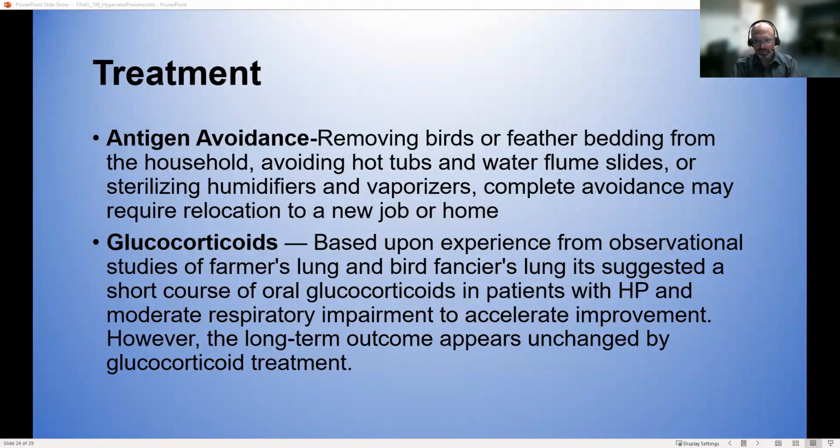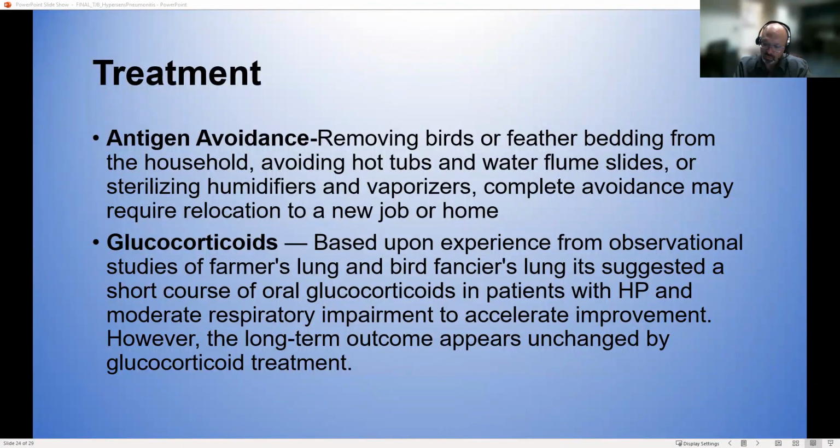Steroids. Based on experience from studies of farmers and bird fanciers, it suggests a short course of oral steroids in patients with HP and moderate respiratory impairment help, but long-term outcome appears unchanged by glucocorticoid treatment.